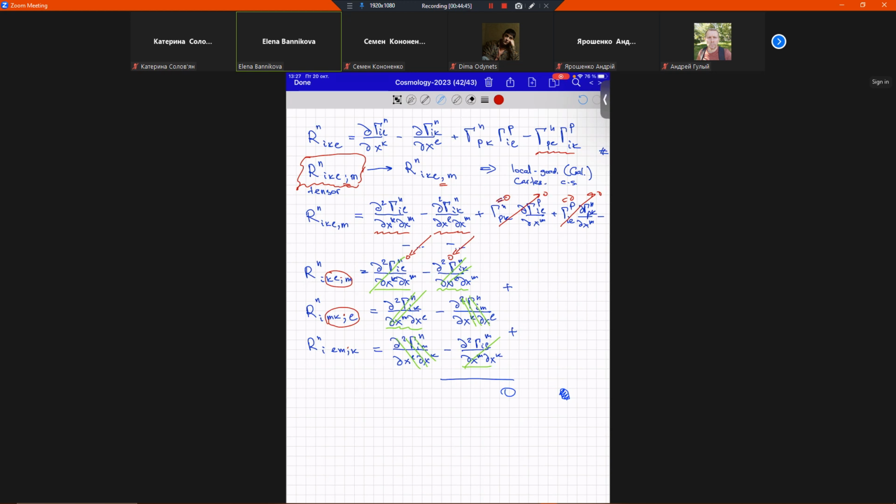But you can make this beautiful trick to go to the Cartesian reference system and show that it works there, and due to the tensor character of the object which we consider, it will be an identity also in another coordinate system. So these are the main properties of the Riemann tensor.